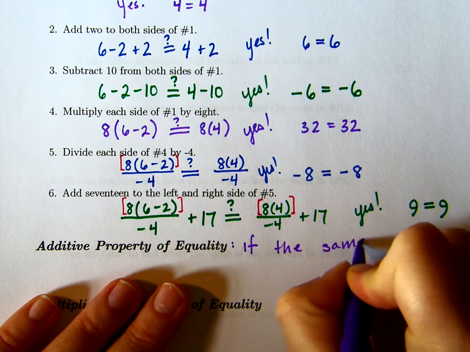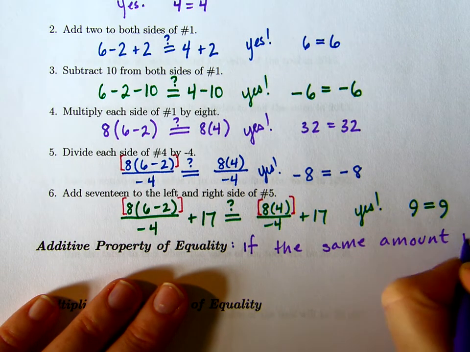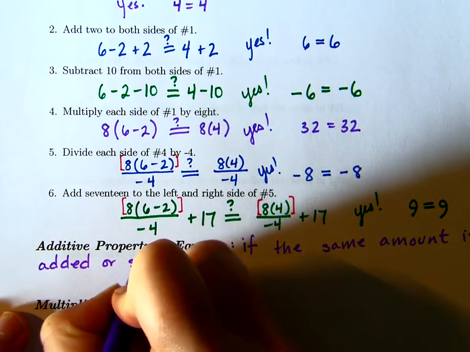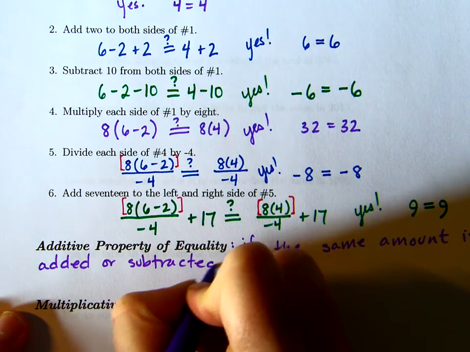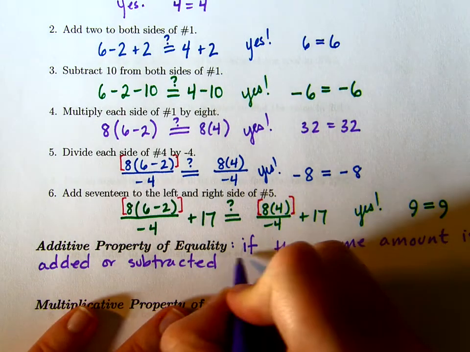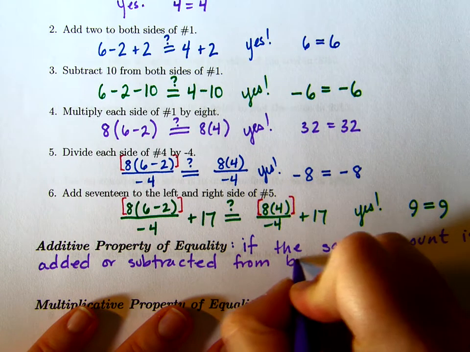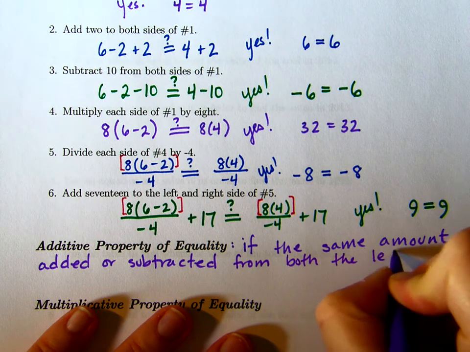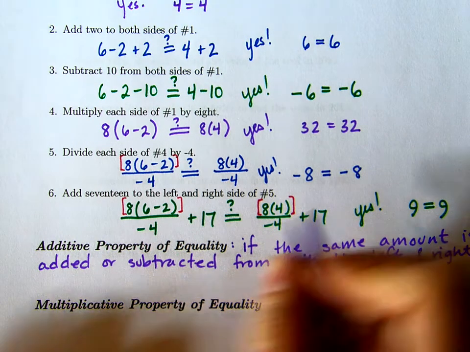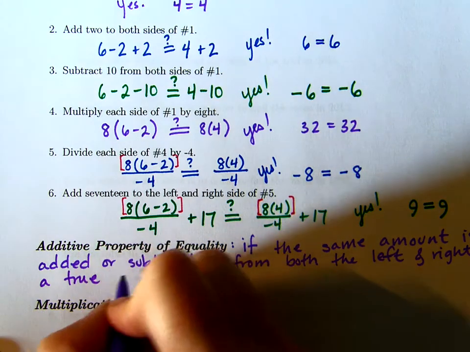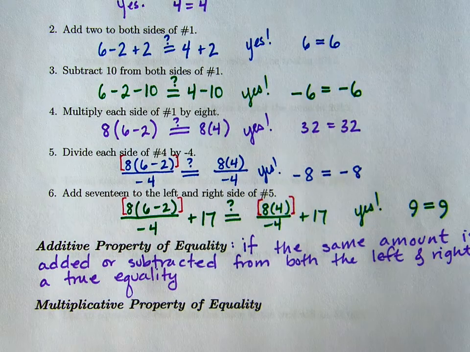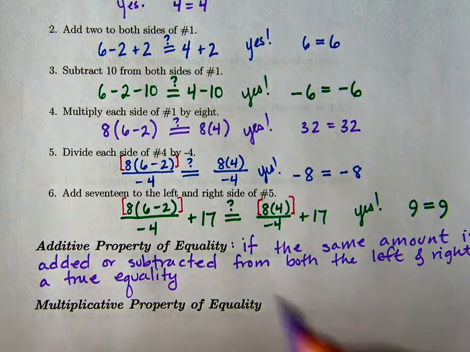So if the same amount is added or subtracted from both sides of a true equation, both left and right, of a true equality or a true equation, then it will remain true.